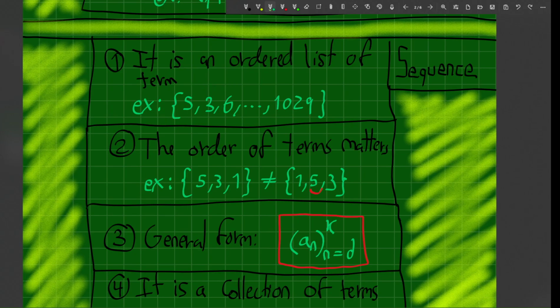And each of them are in specific indexes. So this is index 0, index 1, index 2, etc., index n. And this is important.